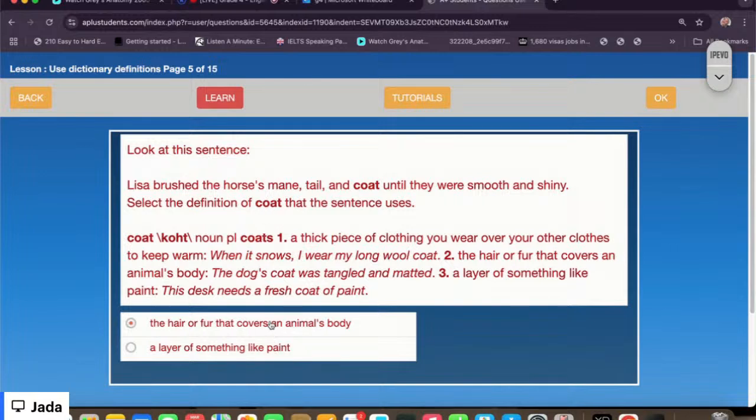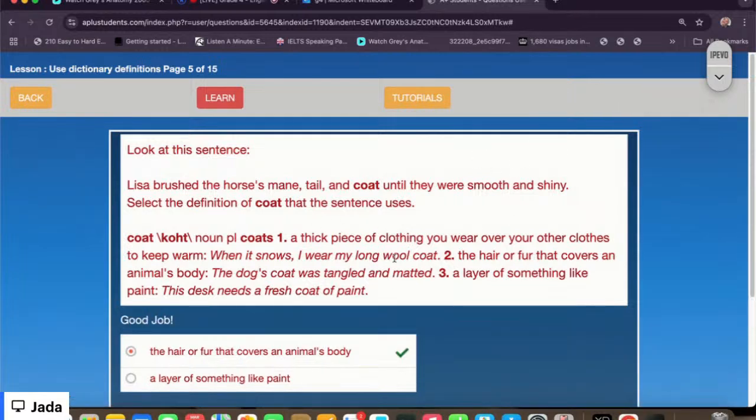Okay, so we have the hair or the fur that covers an animal's body.